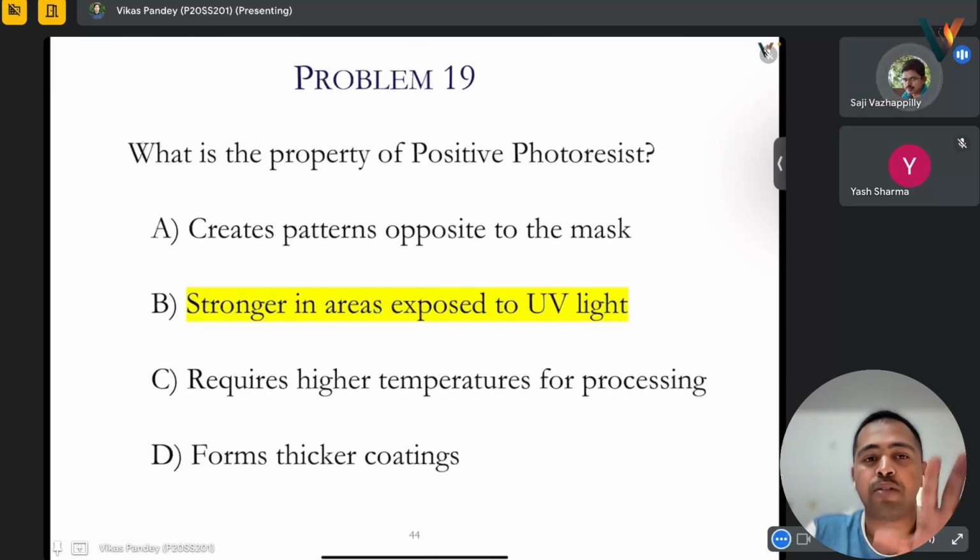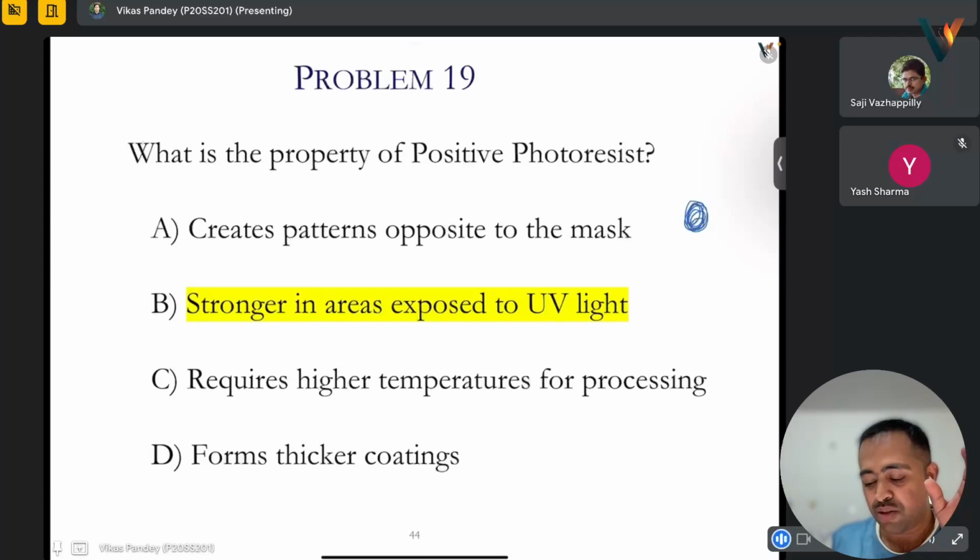See, for example, there is a plate with one hole inside; let's suppose this is the mask.